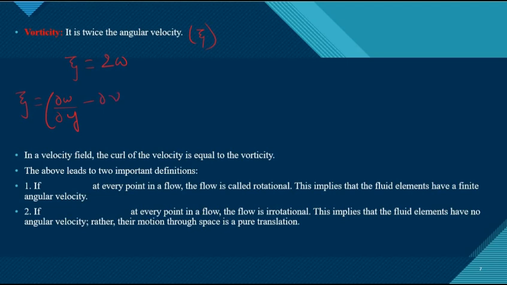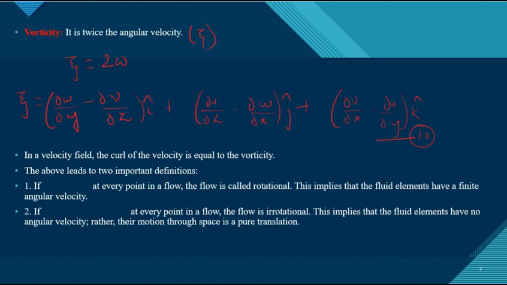This is what we get. Dou v by dou z i cap plus dou u by dou z minus dou w by dou x j cap, and the z component at the last, that is dou v by dou x minus dou u by dou y k cap. So this is our vorticity. Let us put this as our equation 10.